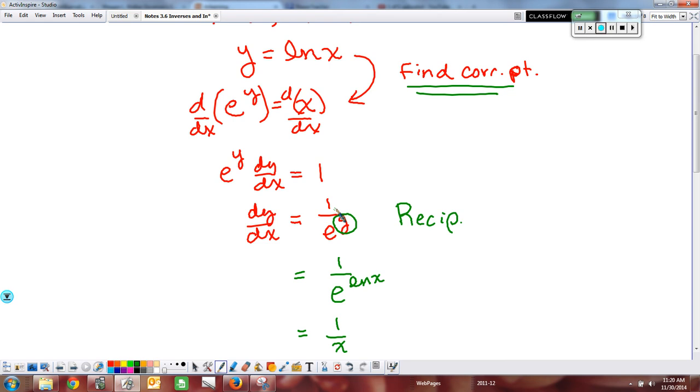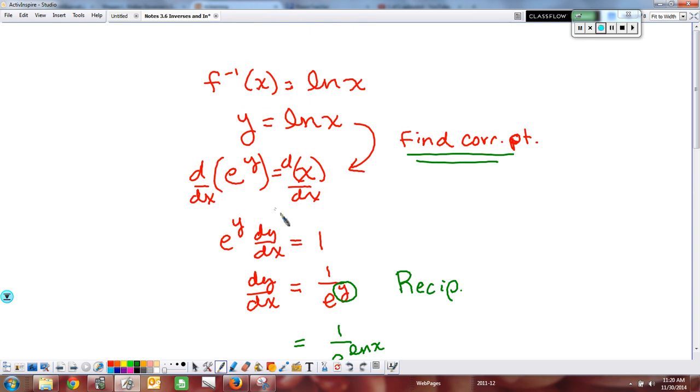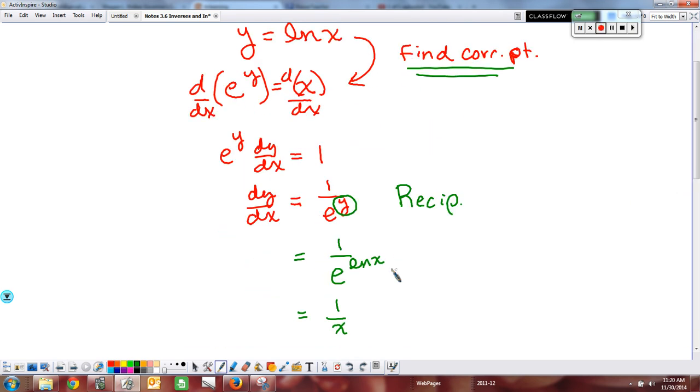But notice that what we did is 1 over the slope of the original function: the derivative of e to the y, which was e to the y, is the reciprocal of the slope of the other function at the corresponding point, where we put back in ln of x, and then we simplified.